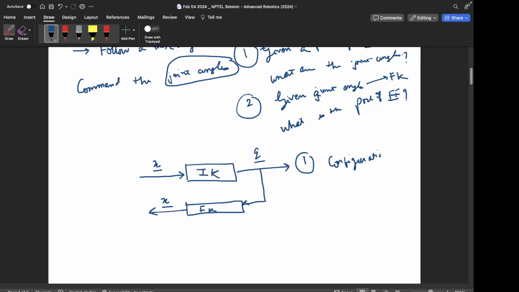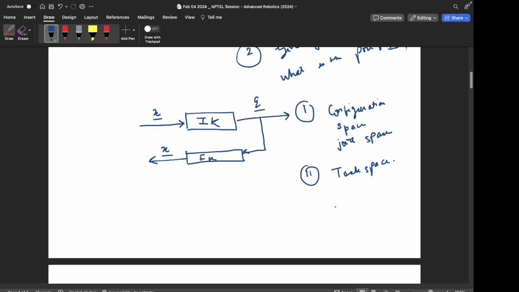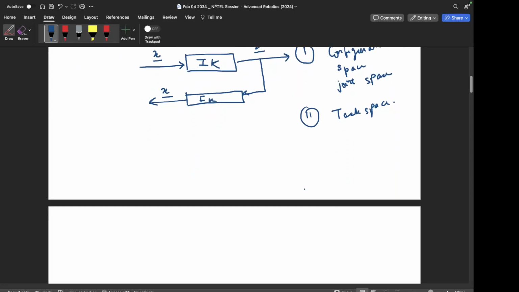configuration space, also called the joint space, and the second is the task space. So what are these two terms which are required to proceed to our further discussion on kinematics?